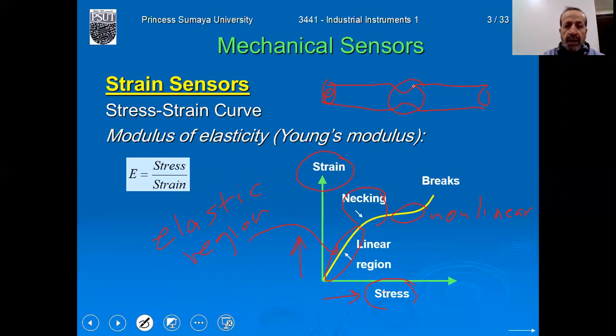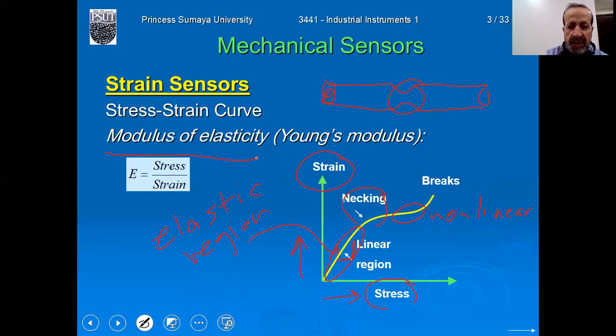Okay. And we have the slope of this curve in the linear region. The slope actually is strain over stress. But we have here the E, which is called modulus of elasticity, or Young's modulus, equal to stress over strain.